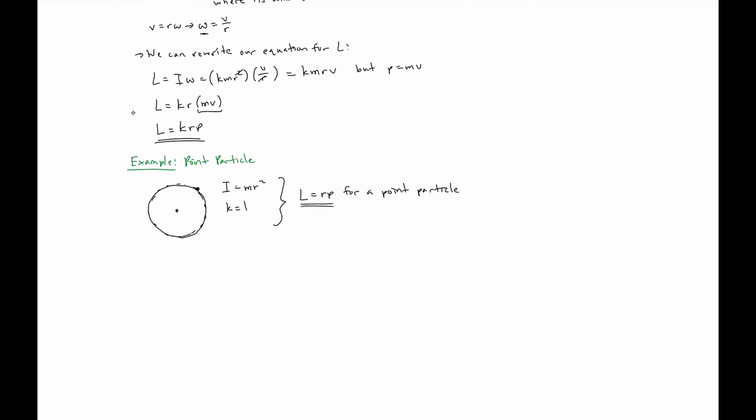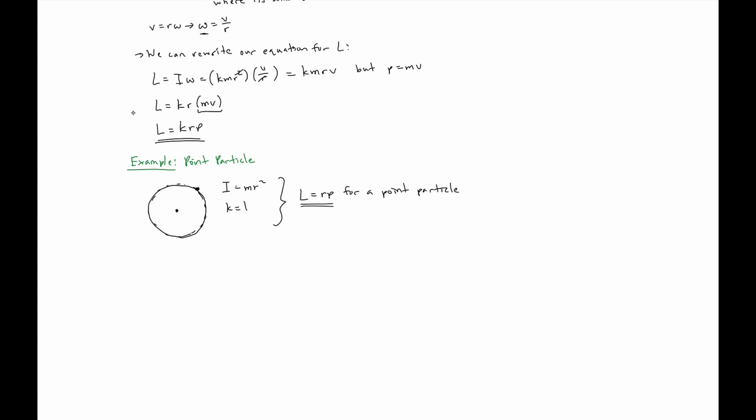Okay, so we have an equation for angular momentum. We were able to connect it to linear momentum, but it seems like we're missing something yet again. Remember, momentum is a vector, so that means it has a magnitude and a direction. Right now, we've only been looking at magnitudes, but what happens if your momentum vector p is not tangent to your circle?